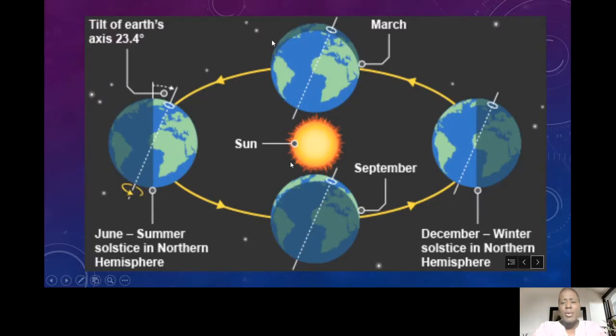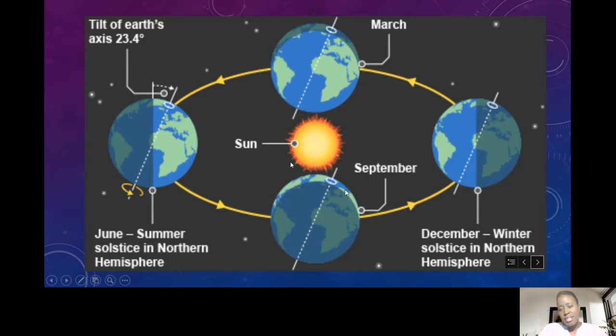Here's a better diagram. Here in March, the Earth's axis is tilted towards the sun. So therefore, you have March, and the countries of Africa and Europe and some parts of South America are possibly experiencing spring. Here you have the summer solstice, and the northern hemisphere is experiencing summer.